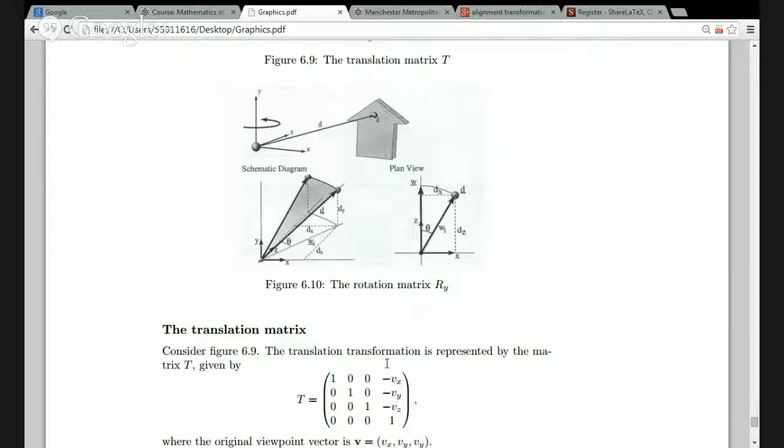Okay, so we're focusing on this diagram here, figure 6.10. This shows the XZ plane. So we're looking at the XZ plane, from a point on the y-axis. So first of all, I should confirm that, just to be clear.